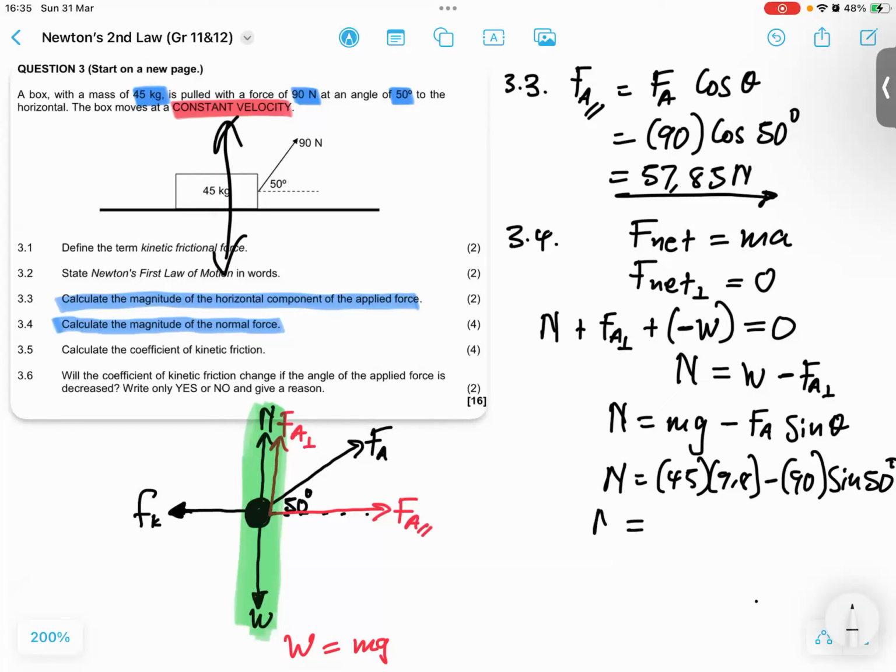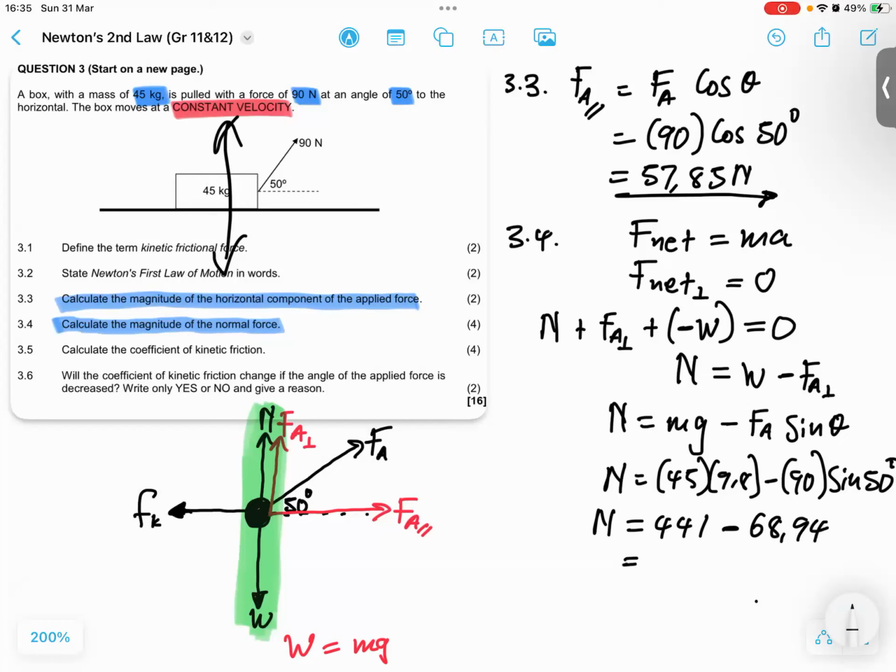So therefore, the normal force, when you put 45 multiplied by 9.8, that will give you 441. And then when you say 90 multiplied by sine of 50 degrees, that will give you 68.94.